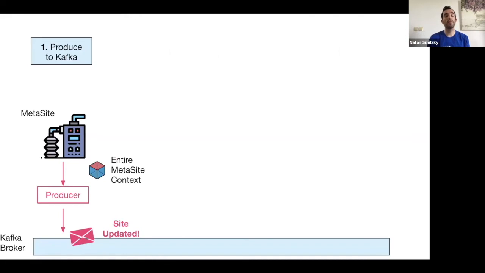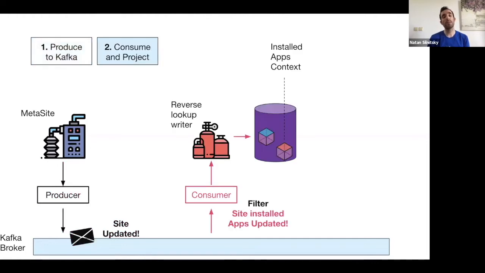So the idea to solve it is to first produce to Kafka the entire message update for the site, which includes all the information for anyone who wants to consume it. But then we have the team that's in charge. They have created another service called the reverse lookup writer.